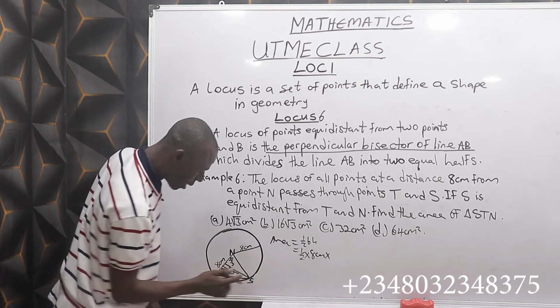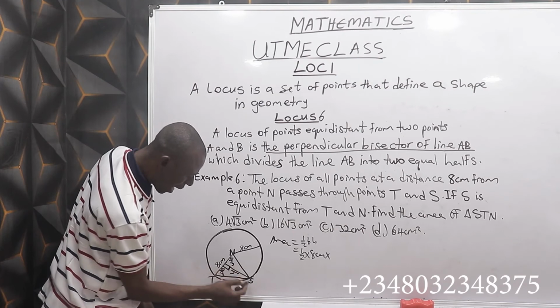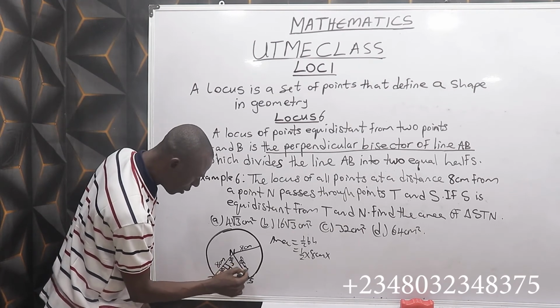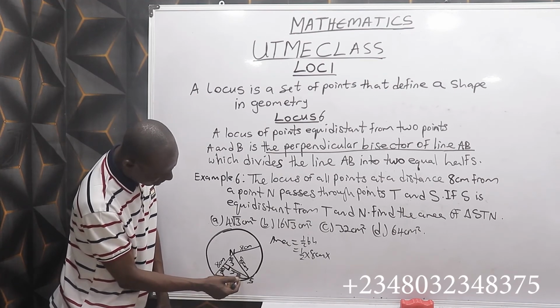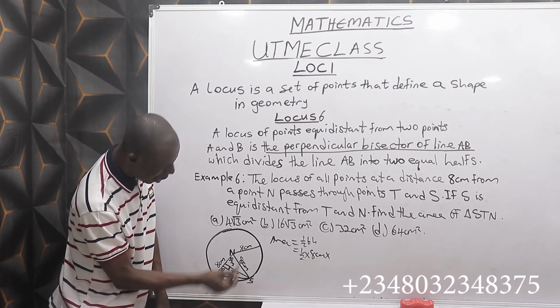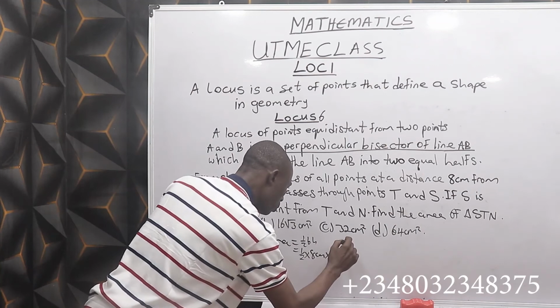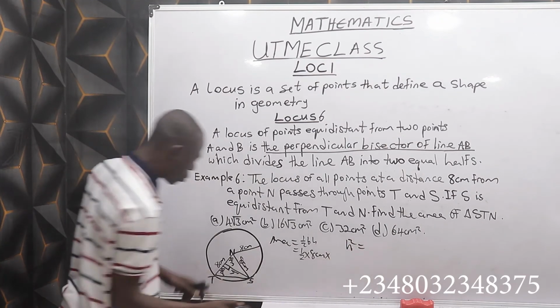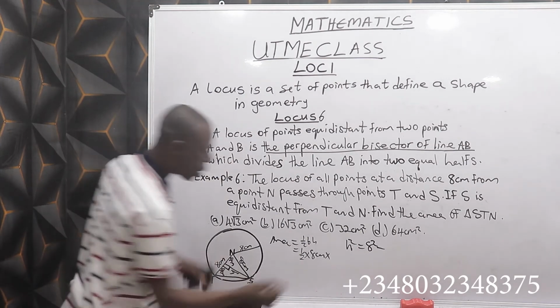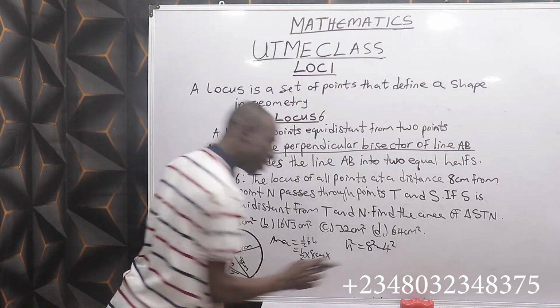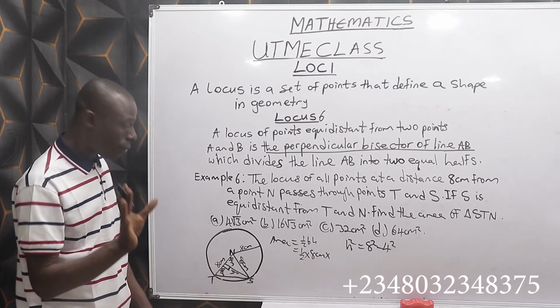So let's stop there. Don't forget, NS also is 8 centimeters because it's a radius as well. So, using Pythagoras rule to obtain h, h square will be equal to 8 square minus 4 square. I hope that is not ambiguous to you at your level.